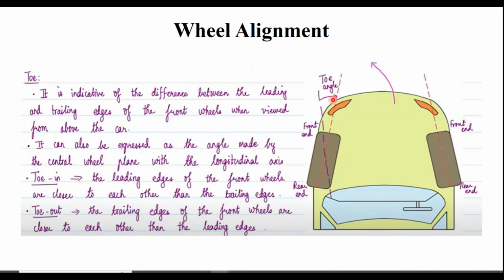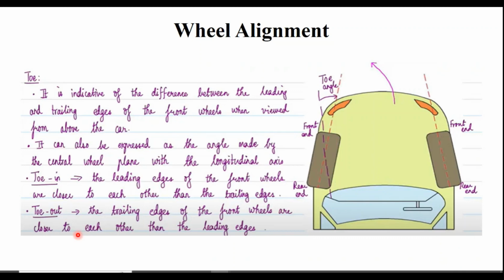Okay, leading means the distance is away. And trailing is the one where the angle between the center axis and the longitudinal axis is very near basically.